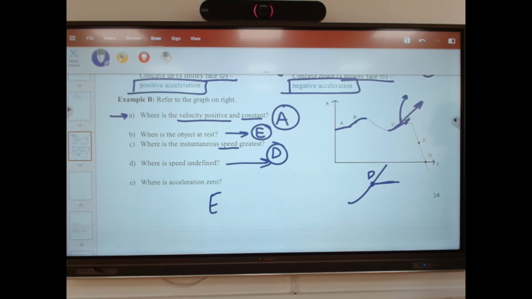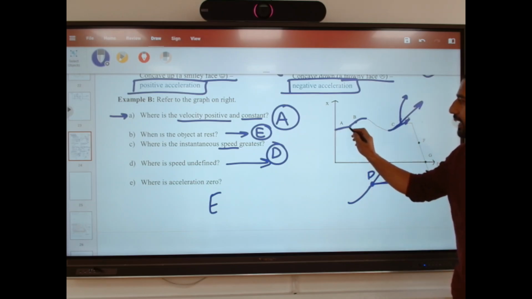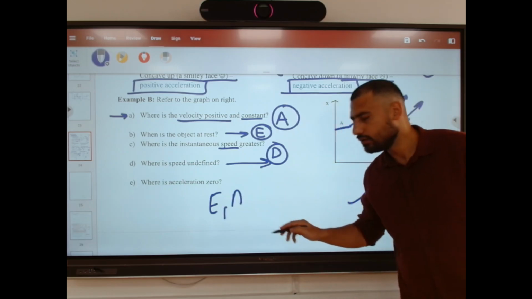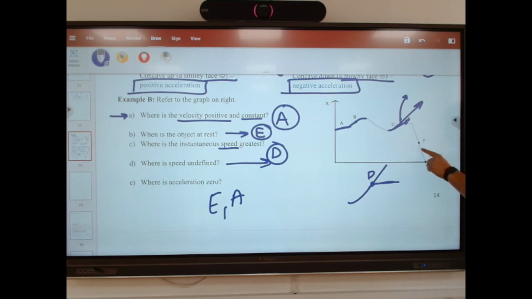Acceleration will be 0 when the velocity is constant. Do you see in part A velocity is constant? Yes, A is also the answer. Do you see in F the velocity is constant? Do you see in G velocity is constant? So again, when the velocity is constant, acceleration will be 0.